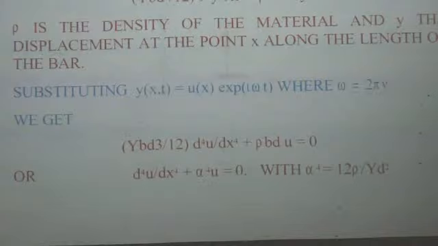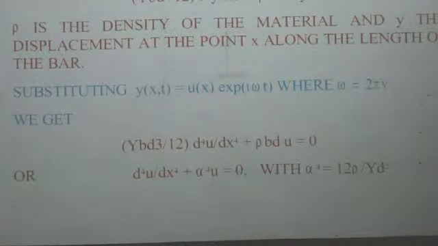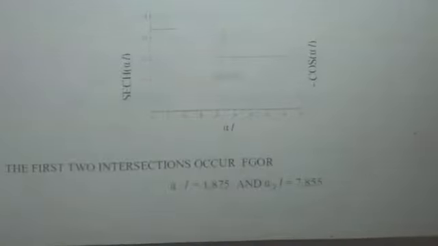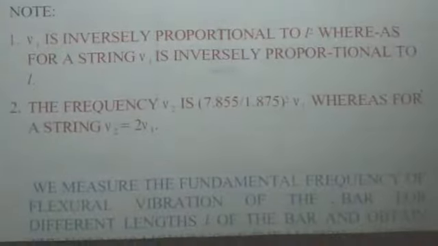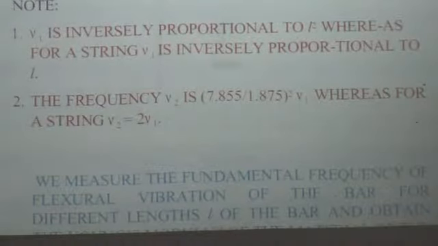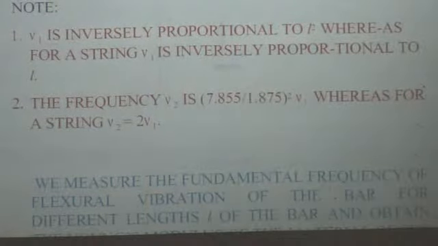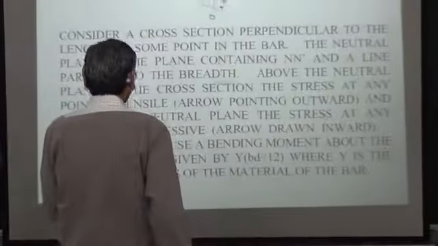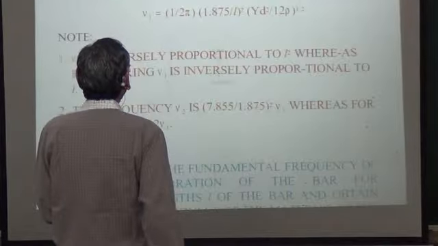So that into omega into L square is 1.875 square. So you can find the frequency nu 1. This is the first frequency, the lowest frequency for the bar.